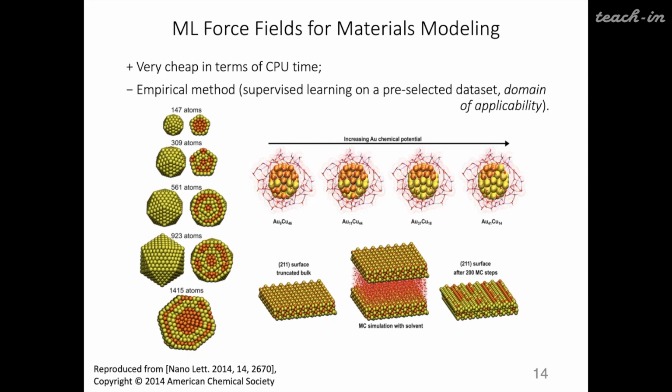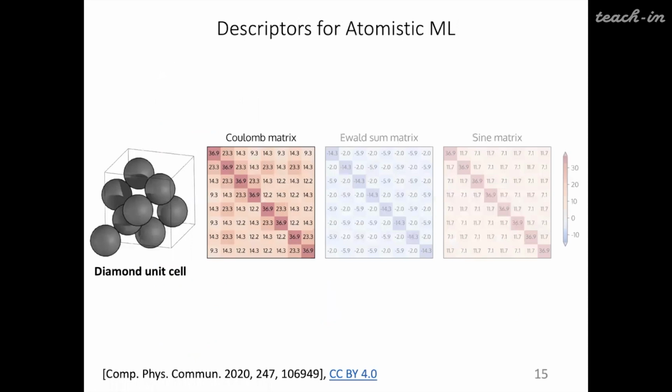And we are going to discuss several descriptors that are used in this atomistic machine learning. I have mentioned previously the Descript library that allows us to compute several atomistic descriptors. The first one is the Coulomb matrix that we have computed on several examples.